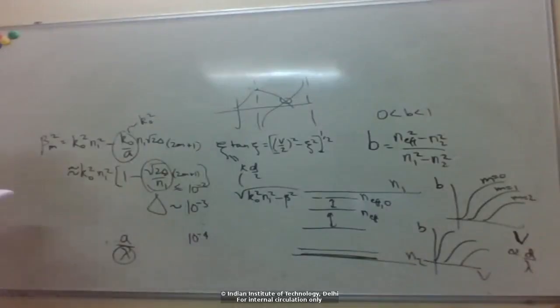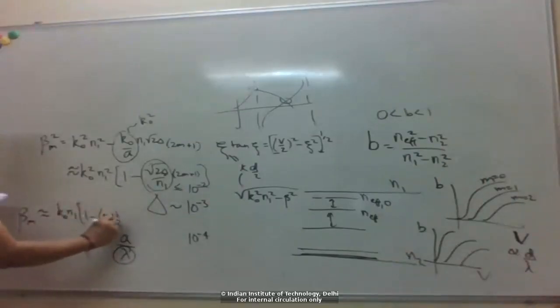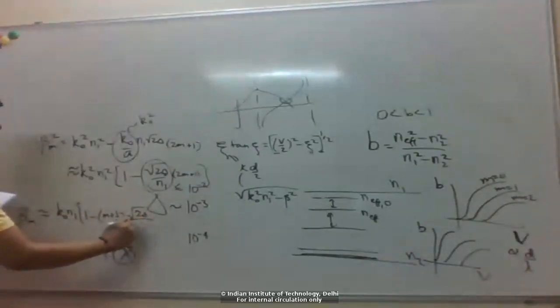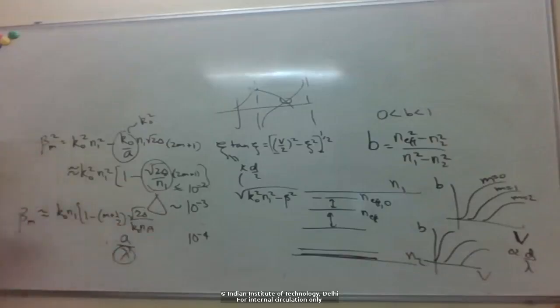So there I had k naught a here. When I take that approximation, I had k naught a here, when I take the square root.